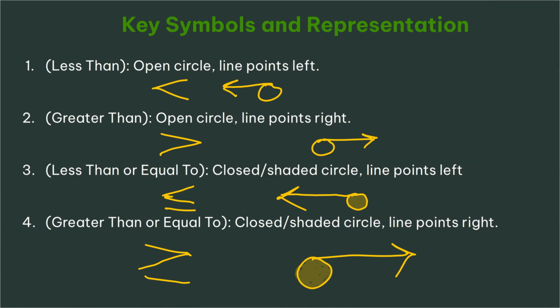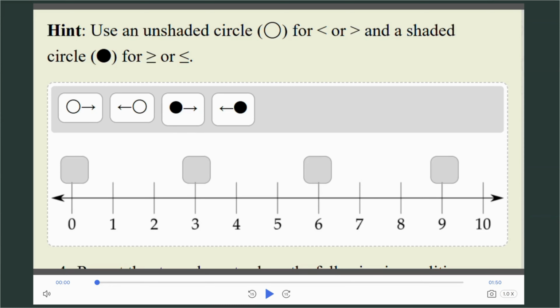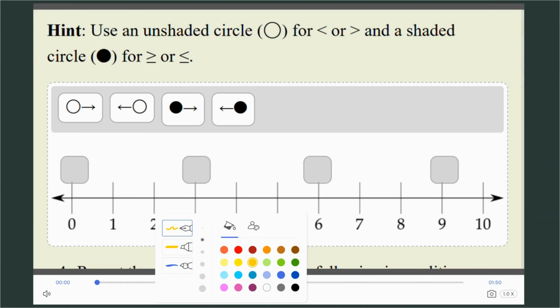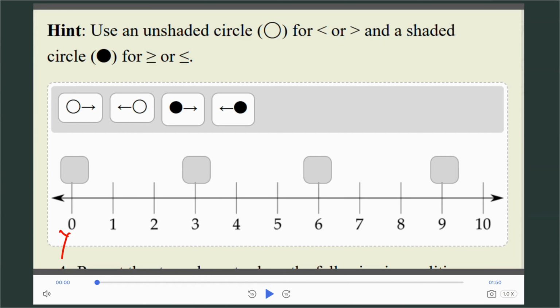Now let's look at an example. I did this one yesterday night, and let me first show you the inequalities that we are supposed to find here. For 0, we are supposed to find y is greater than or equal to 0. For 3, we are supposed to find c is greater than 3.